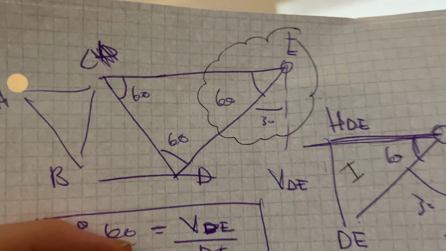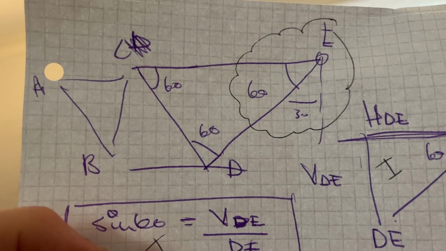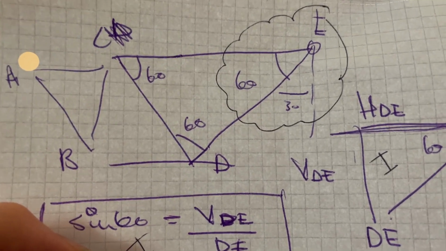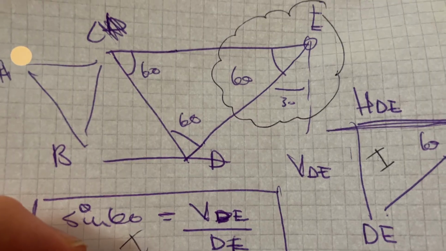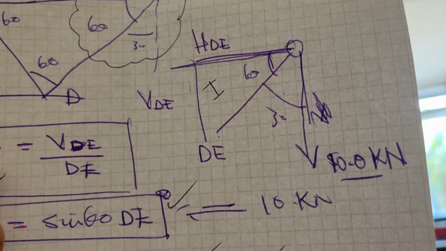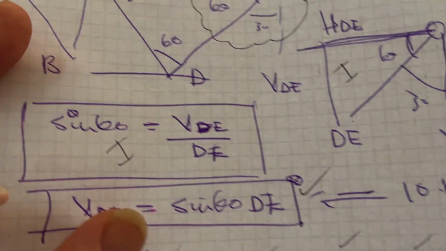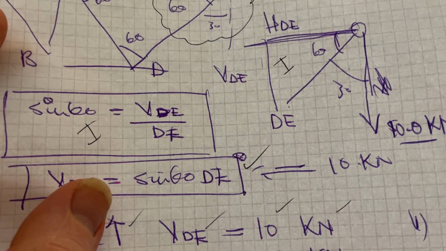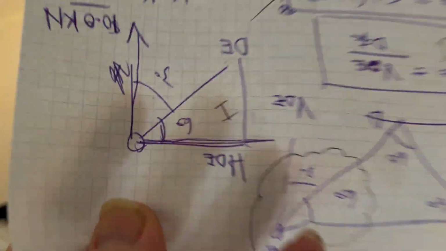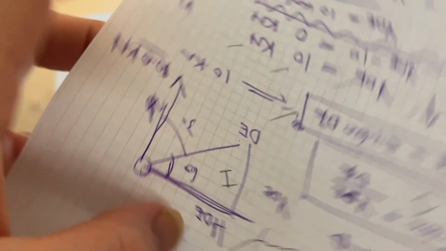So here I am working out the geometry of DE, 60 degrees, 60 degrees, 60 degrees. That diagram's bad, but it's just to show HDE, VDE and DE. HDE is 60 degrees on the inside and then 30 degrees to the 10 kilonewton. So sine 60 equals VDE over DE.